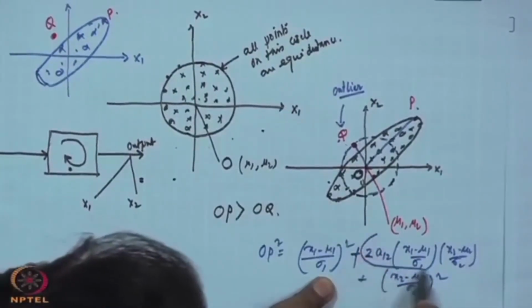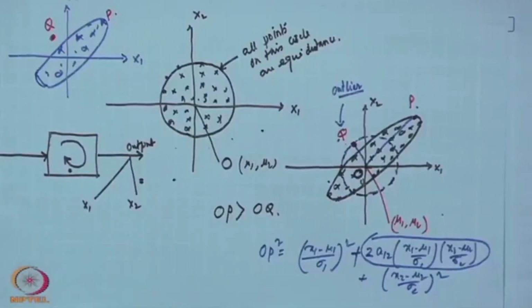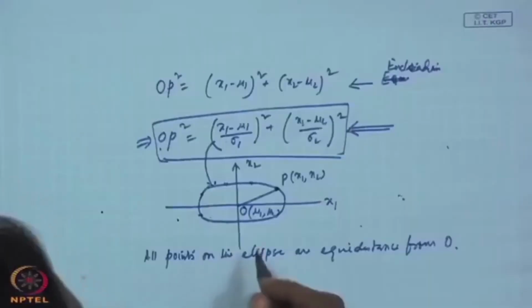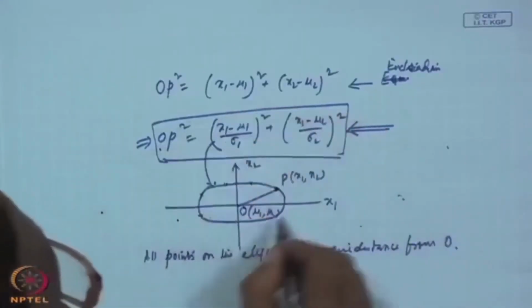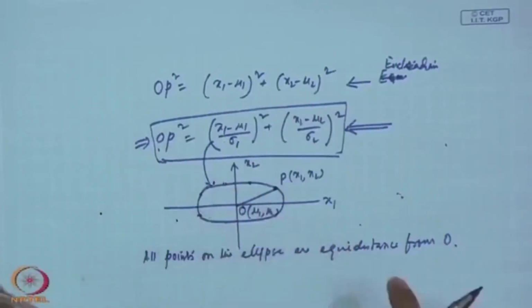This is the covariance part between the two variables. This is what is statistical distance, this elliptical distance.